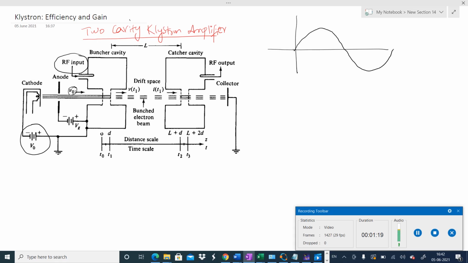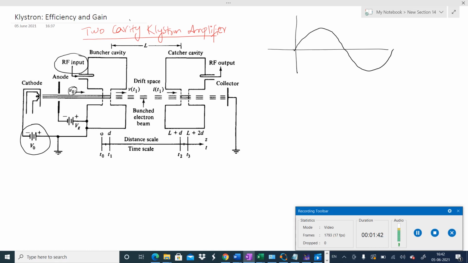oscillating field inside the buncher cavity has three phases: zero power, then maximum, and then retarding. So electrons will form bunches, and when the bunched electrons move, the charge per unit time constitutes the current. That current approaches the catcher cavity, which is another cavity.